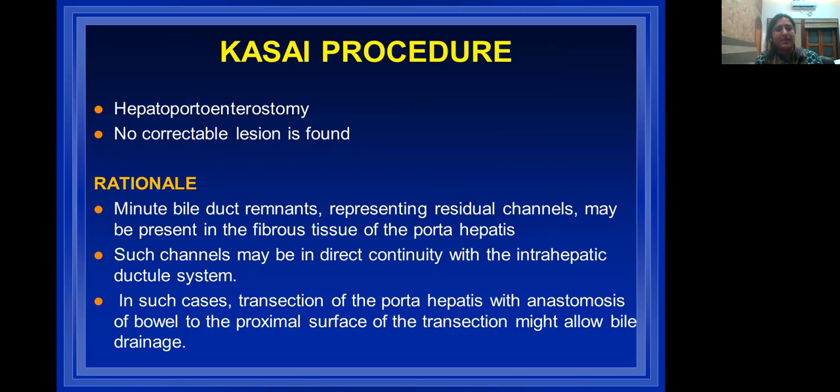So the rationale behind Kasai procedure is that minute bile duct remnants, which represent residual channels, may be present in the fibrous tissue of the porta hepatis. Such channels may be in direct continuity with the intrahepatic ductal system. And in such cases, if there is a transection of the porta hepatis with anastomosis of the bowel to the proximal surface of the transection, it might finally allow bile drainage.